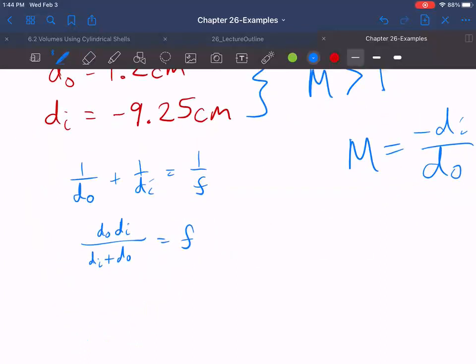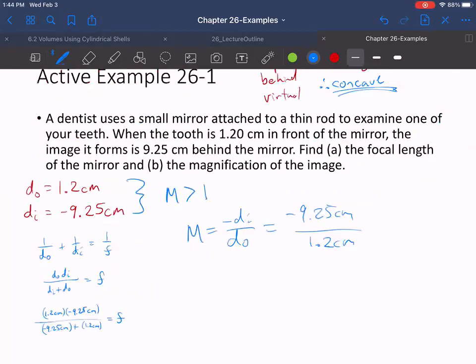This is going to be 1.2 centimeters times negative 9.25 centimeters over negative 9.25 centimeters plus 1.2 centimeters equals F. So y'all can calculate those things up. Is that what it turns out to be? Awesome.